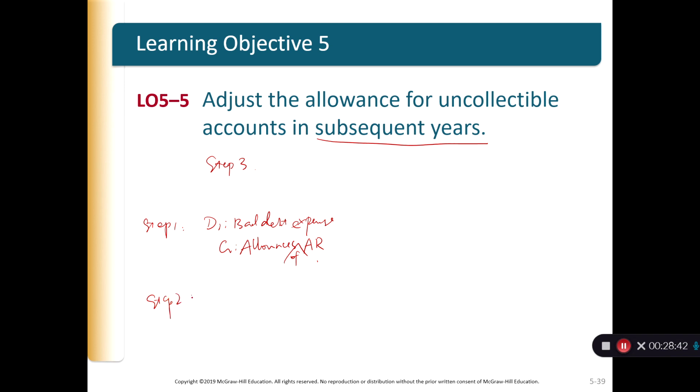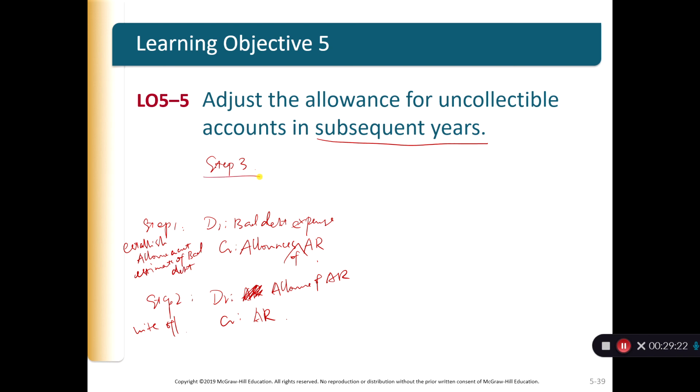Step 2 is that we record the write-off by debiting allowance for uncollectible accounts and crediting accounts receivable. This is the write-off stage, and the first is establishing the allowance or estimation of bad debt. So this is step 2.